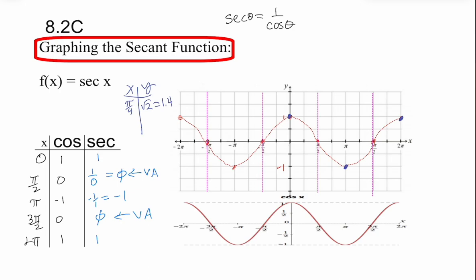So pi over 4 is exactly between 0 and pi over 2. So that's where the pi over 4 line is, okay? We are at a height of 1.4. Negative pi over 4 is also a positive cosine value. It's at 1.4. You actually get a parabola looking thing right here.